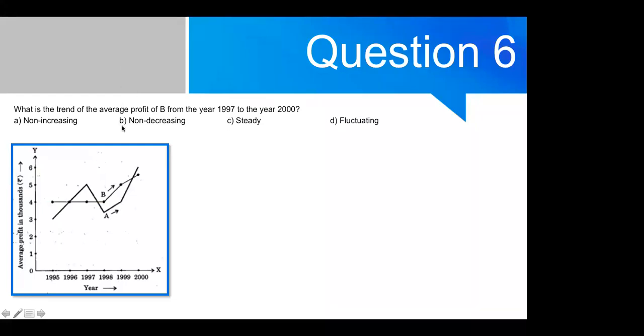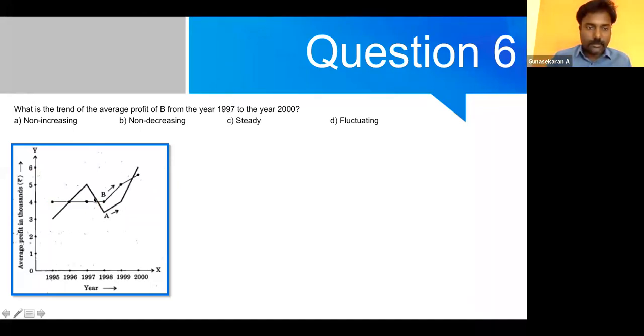From B, 1997 to 2000. It is non-decreasing, not fluctuating, because it is either stable or increasing. It is not at all decreasing. Understand? So non-decreasing is the answer.